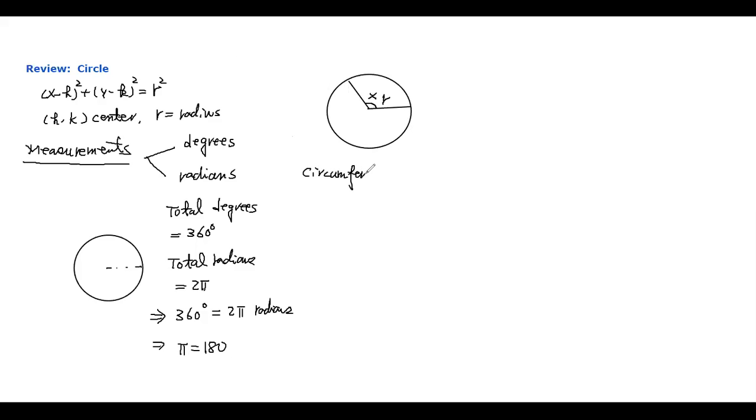Circumference means the whole circle, and it is 2 pi r.